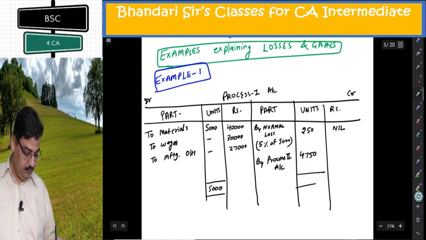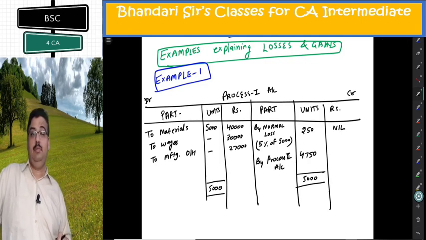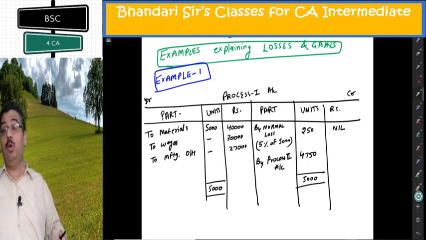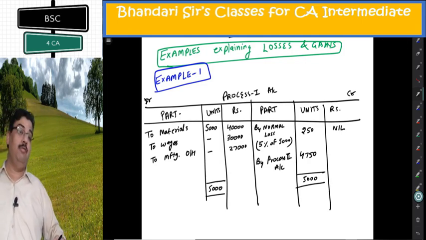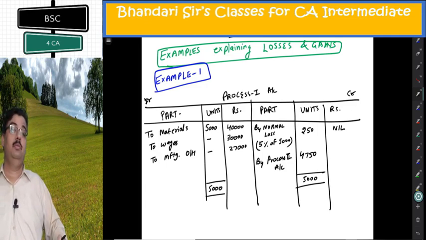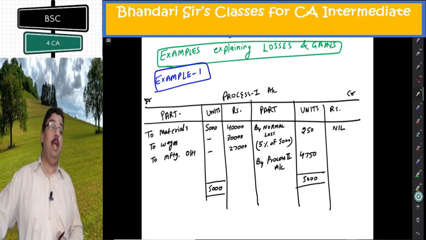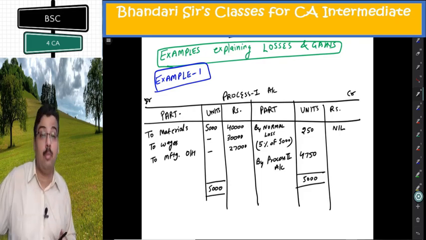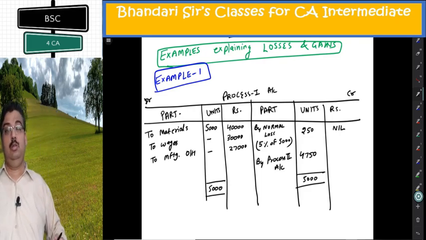5,000, 5,000. What were the other 2 ways? Check expected output with actual output. Expected output 5,000 minus 5%, 4750. Actual output given is the same 4750. No abnormal gain, no abnormal loss. Third way, compare expected normal loss with actual loss.